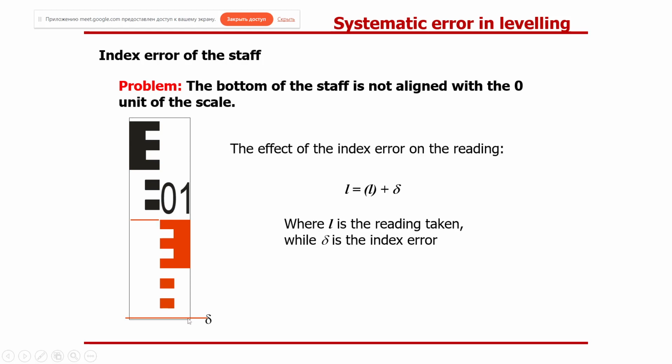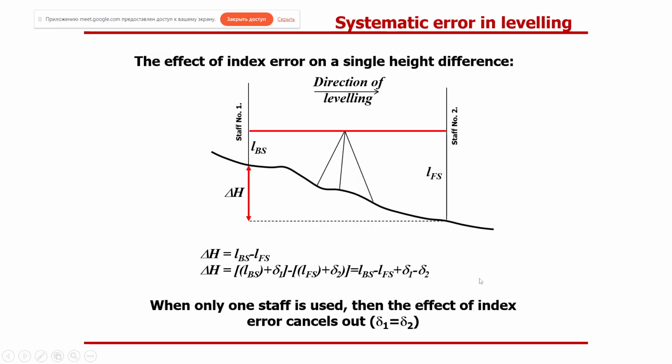You can see in the picture this small delta. The effect of index error on a single height difference: you can see the equations.